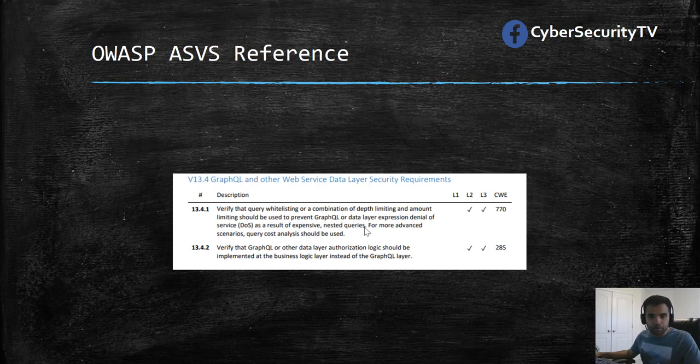We'll see an example of how DoS can be performed with GraphQL. The second is that authorization logic should be implemented at the business logic layer instead of the GraphQL layer. So we need to make sure they are doing all sorts of business logic validation, authentication, and authorization. We'll see an example of that as well, and a few others.